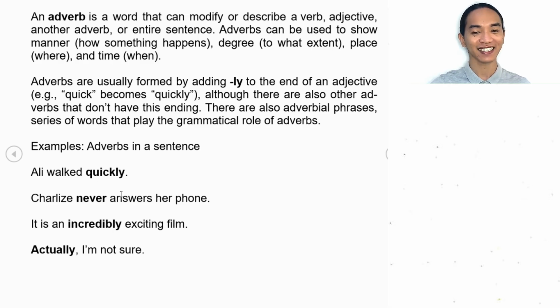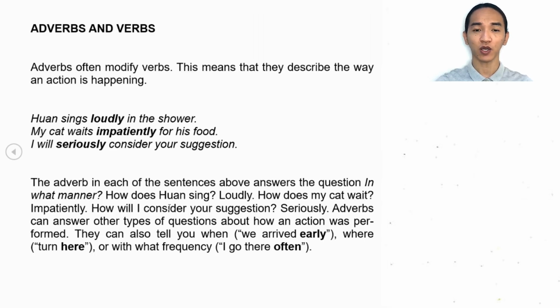All right? So for the next part, we have here the adverbs and verbs. Now, adverbs often modify verbs, which means they usually tell something about our verb. So they describe the way an action is happening. For example, Juan sings loudly in the shower.